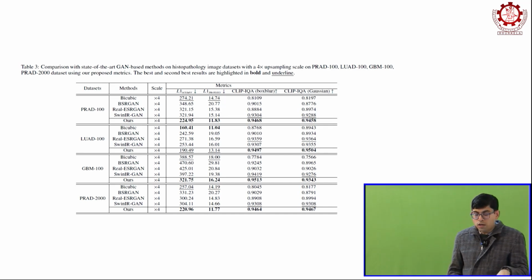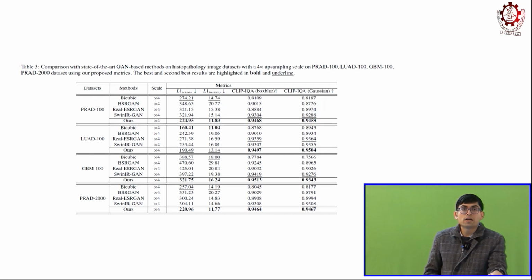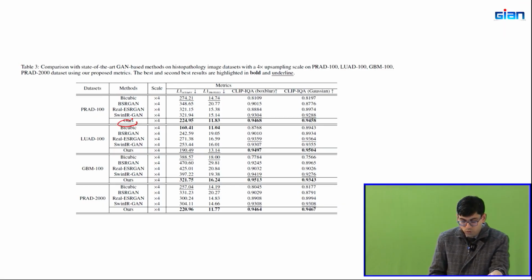Okay, and that's exactly what we did here. We compared state of the art GAN methods against our method, SuperDiff. We had different GAN methods and the bicubic interpolation method. We applied them on different cancers: prostate cancer, lung cancer, brain cancer, and we had different data sets as well. We had 100 cases here, 2,000 cases here.